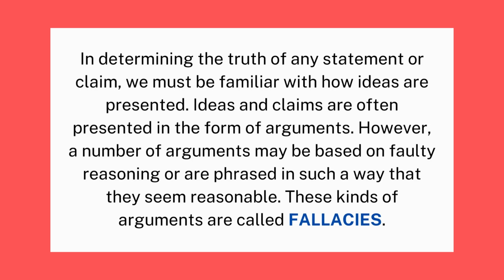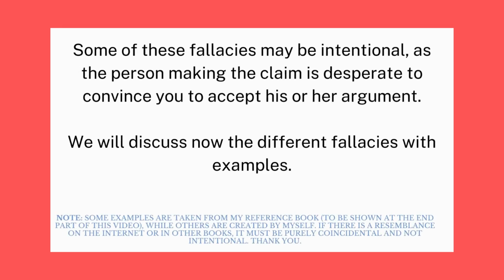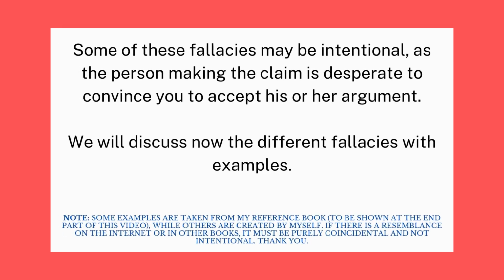However, a number of arguments may be based on faulty reasoning or are phrased in such a way that they seem reasonable. These kinds of arguments are called fallacies. Some of these fallacies may be intentional, as the person making the claim is desperate to convince you to accept his or her argument. We will now discuss the different fallacies with examples.